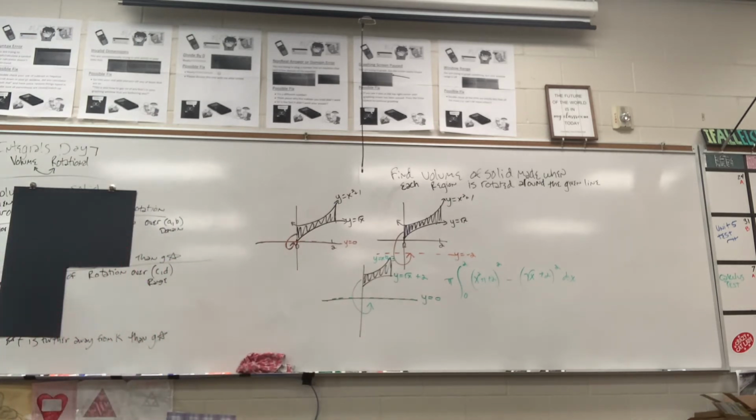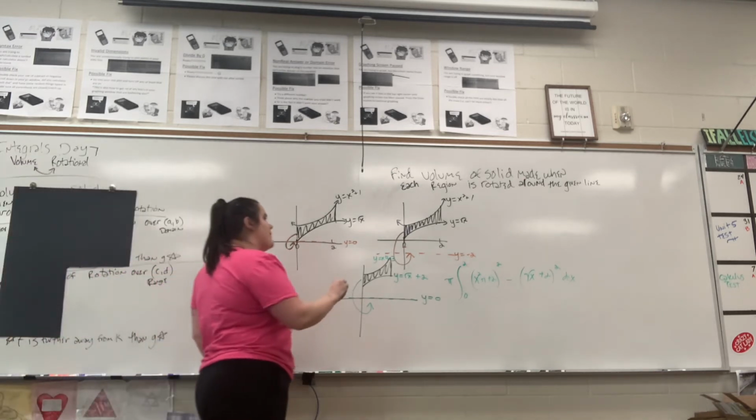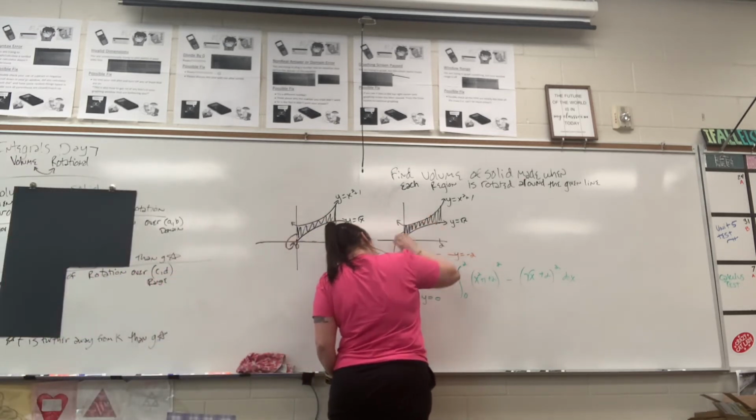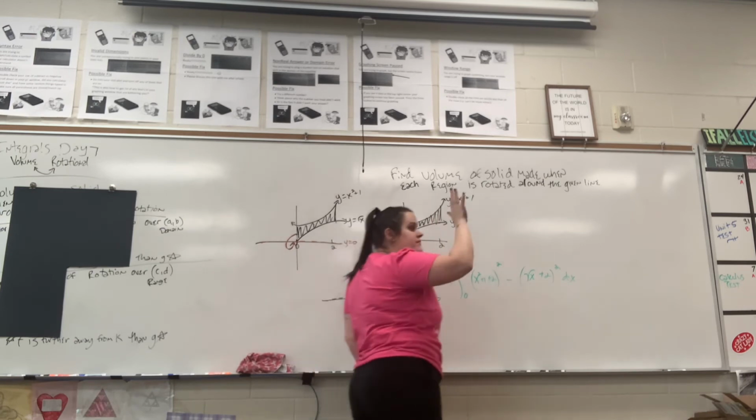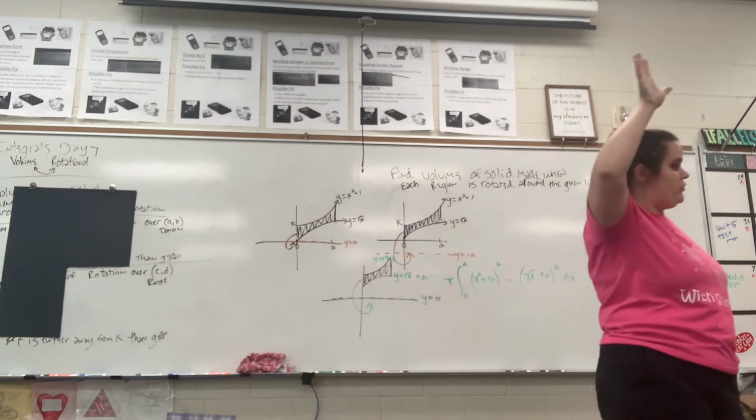Okay, do you guys see the idea? I still did dx because y equals -2 is still a horizontal axis of rotation, right? And if I want the axis of rotation to be 0, so it's easier, but I want the shape and volume to maintain, then I just shift the whole situation up 2.